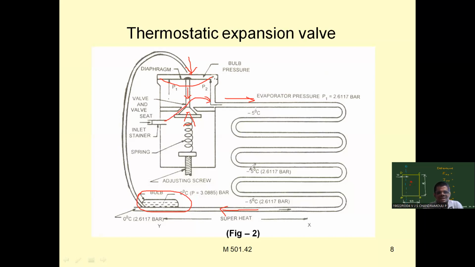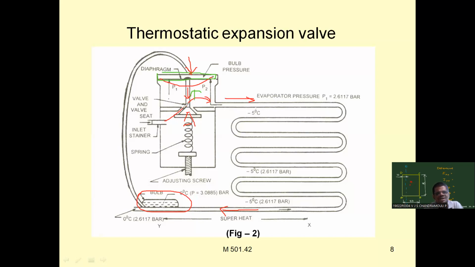Now, for example, the temperature of the refrigerant coming out of the evaporator is low. Then the pressure of the fluid inside the bulb is also low, and so the pressure inside this tube and the pressure communicated to the diaphragm is also low, due to which it comes back to its initial position. Just let me show you. When the pressure is low, it comes to its initial position like this, and the valve moves upwards once again.